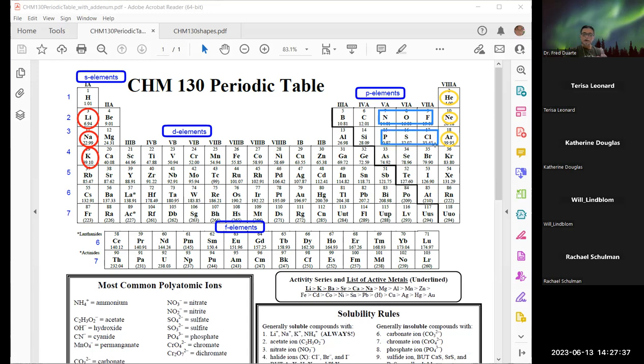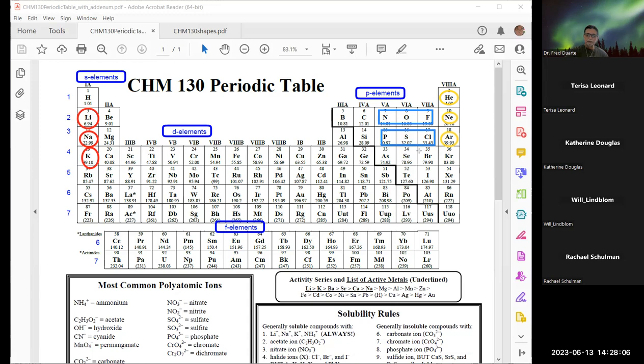Phosphorus, sulfur, and chlorine, by gaining respectively 3, 2, and 1 electrons, become isoelectronic with argon. Plus, we also change the name. Nitrogen becomes nitride, oxygen oxide, fluorine becomes fluoride, phosphorus becomes phosphide, sulfur is sulfide, chlorine is chloride.